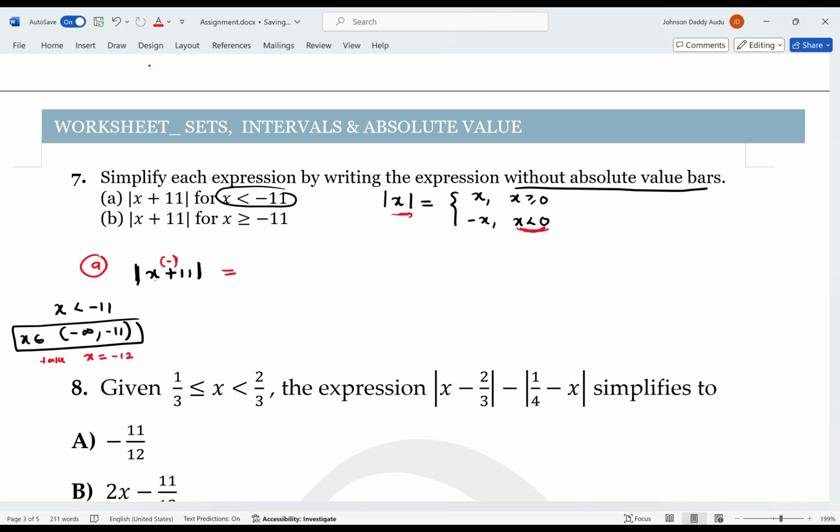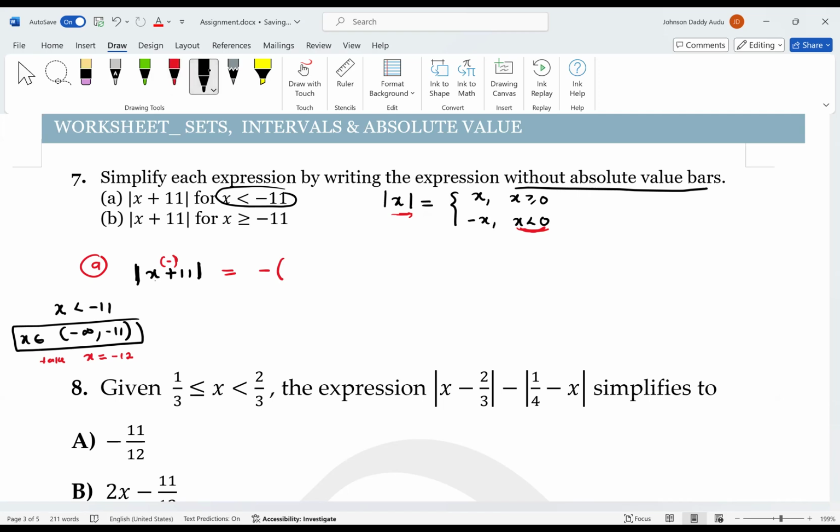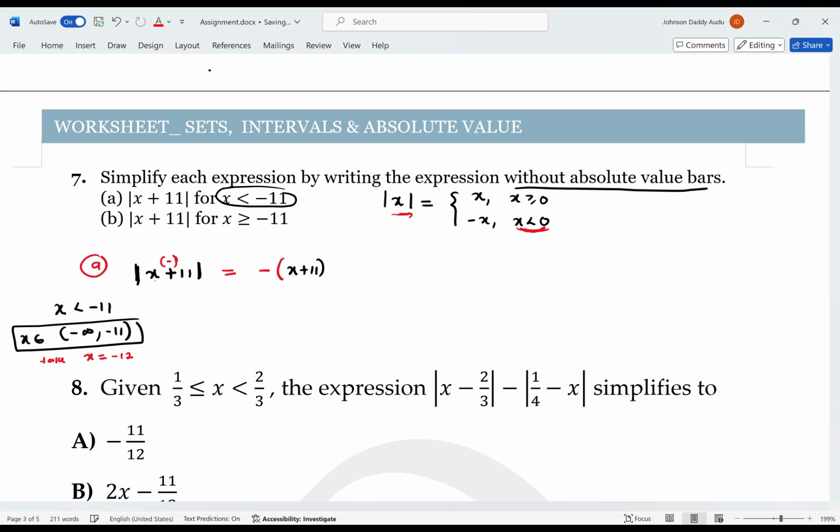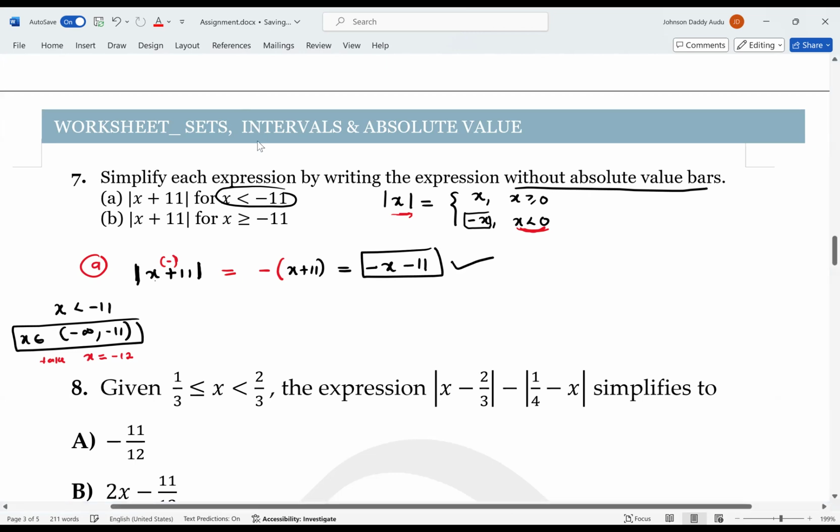So since x plus 11 is negative, our answer will be minus, then x plus 11. I'm using this definition because it is less than 0. Now take this minus inside, so this becomes minus x minus 11. So this is the answer without using absolutes, because you're asked to write the expression without an absolute value.